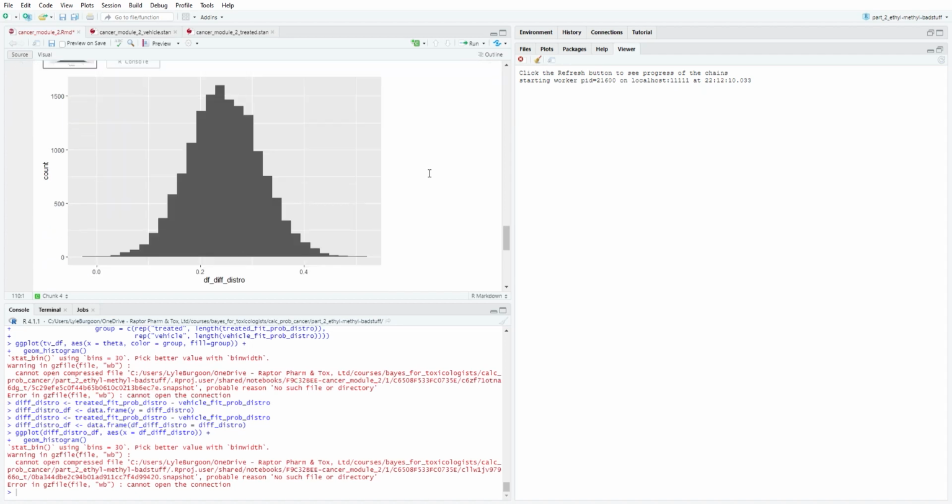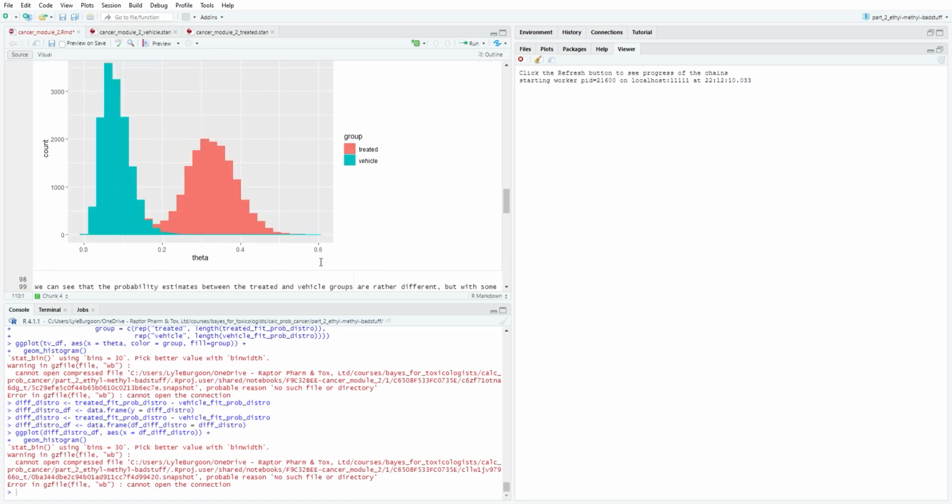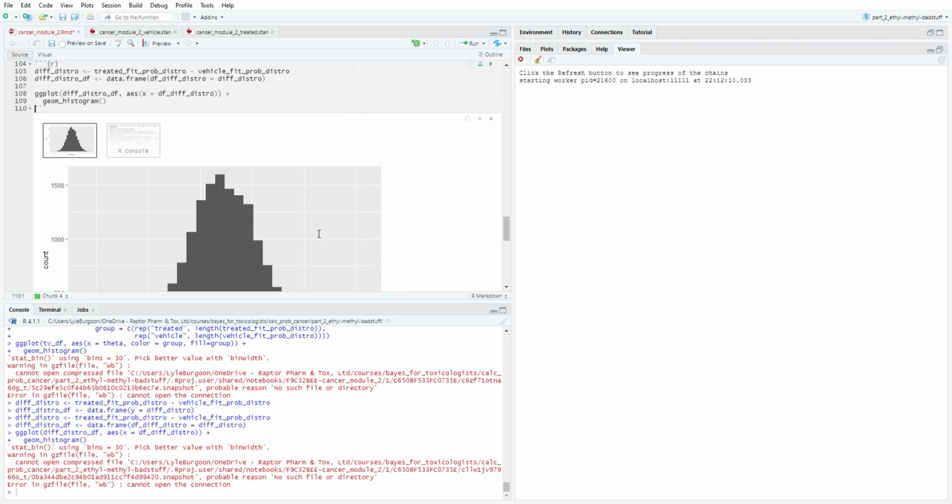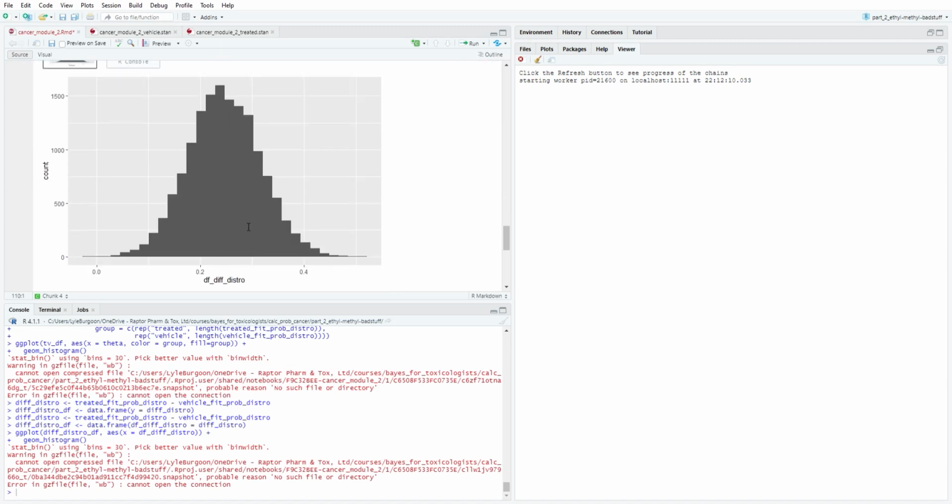Okay, there you go. This, ladies and gentlemen, is the difference distro. Again, we literally subtracted this vehicle distribution from the treated distribution to end up with this distribution. If the two distributions were identical, the difference distro would be centered at 0, and you would see some spread.